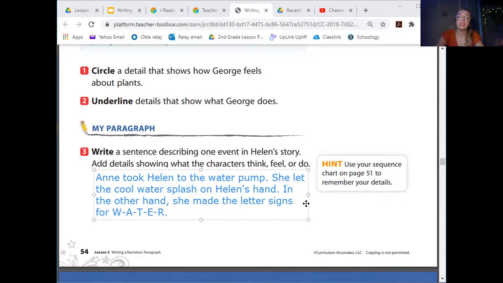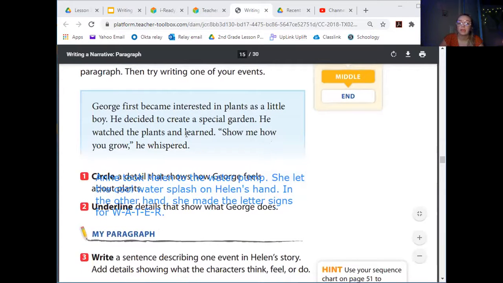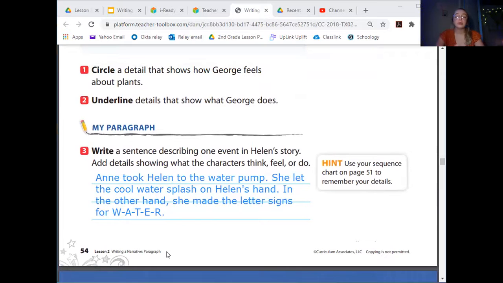Now, remember that your middle and my middle should not be the same. Your middle needs to be your own work. But I just wanted to give you another example of what a middle could look like. Because remember, we had Ava's up here. And now you have mine right here. These are both examples of middles of narrative paragraphs you can use to help you write your own.